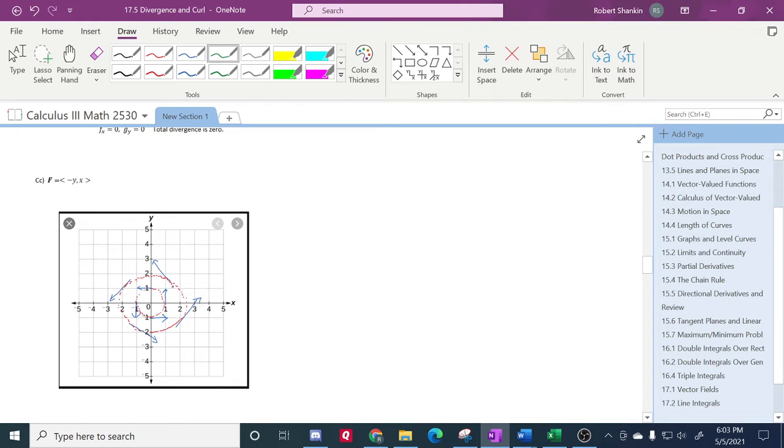And on this little red circle, the vectors are tangent to the circle, all the same distance, which is the same as the radius of that circle. Same as the radius of this circle. And so this is what's happening here, and this is all the way at all points in the plane.